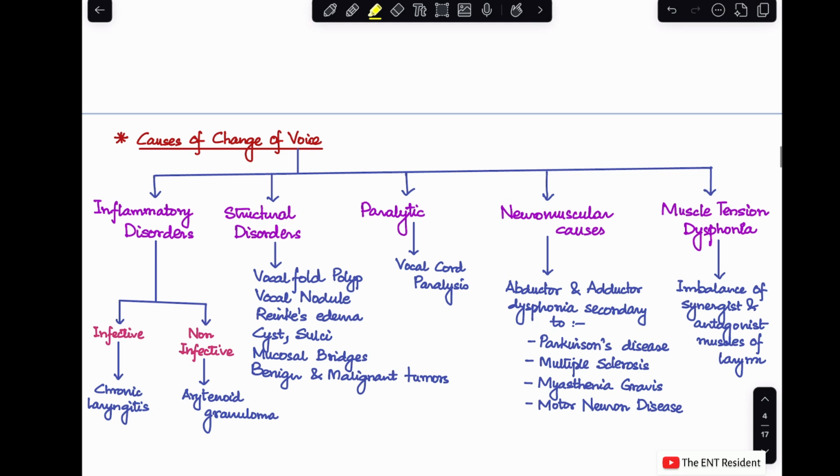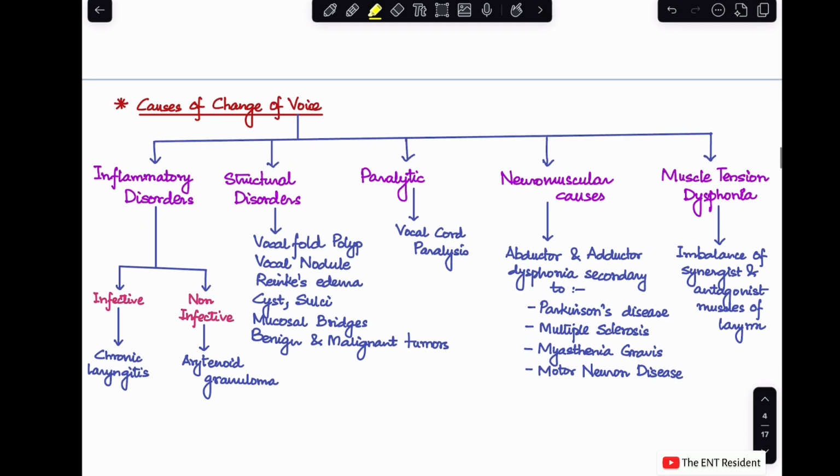Now, I'll just talk a little bit about what the causes of change in voice are. This is not an extensive list, but it's just to help you form in your mind what type of disease it could be and what the different examples under a certain type are. So, these can be inflammatory disorders, structural disorders, paralytic disorders, neuromuscular causes, and muscle tension dysphonia.